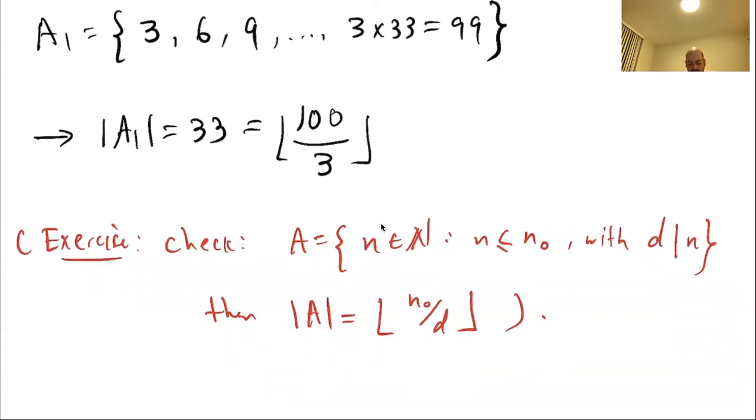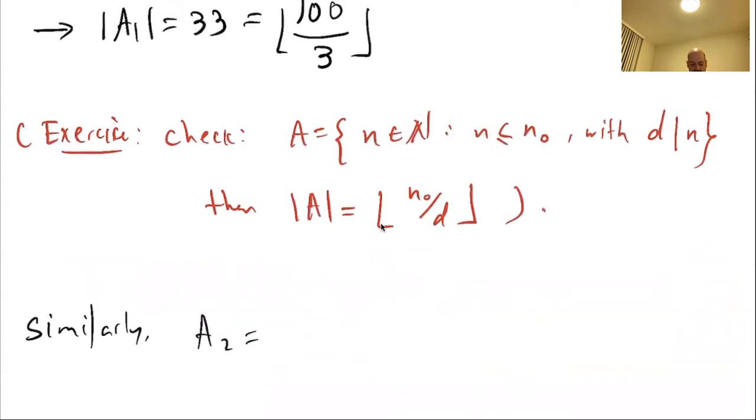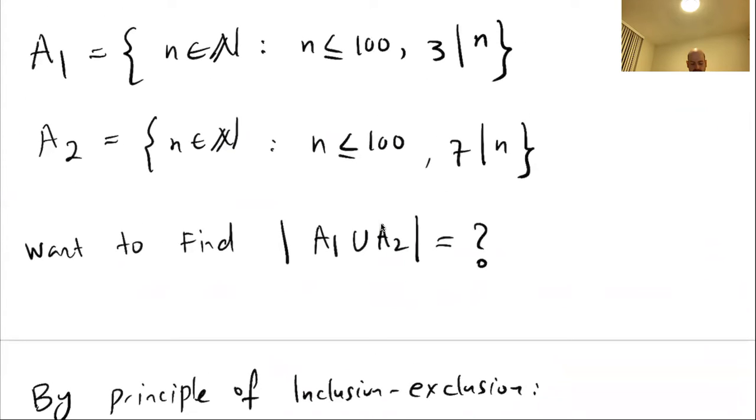Now A1 has 33 elements. So similarly, A2 has how many elements? According to this rule that we said, numbers less than or equal to 100 which are divisible by 7. So my n0 again is 100. My d this time is 7.